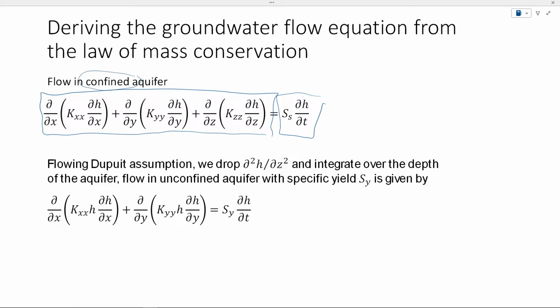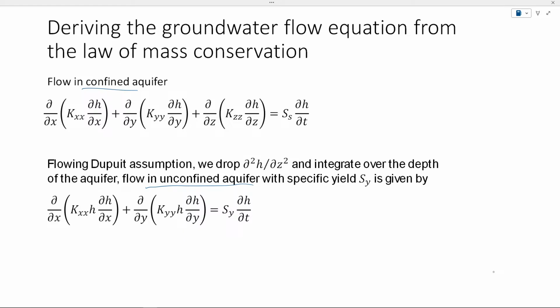I said the opposite earlier. A confined aquifer is an aquifer that does not have a water table. It is not in touch with the atmospheric pressure, versus unconfined aquifers, which have a water table and are in touch with the atmospheric pressure.